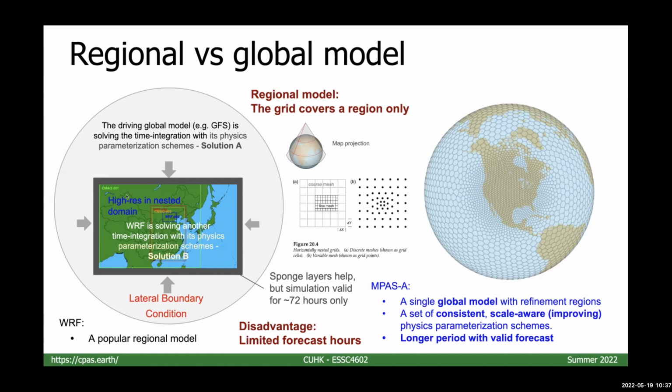Usually a regional model can also be called a limited area model. It will arrive at another solution, we will call it solution B. So there is actually something incompatible in fitting from solution A to your regional model that tries to reach solution B.